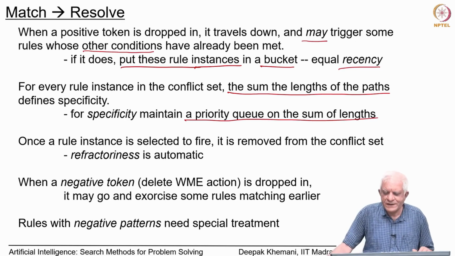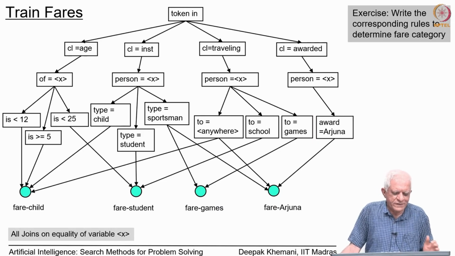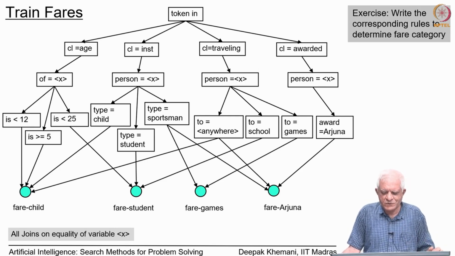Let us look at some more examples, so that we get a feel of this whole thing about Rete networks. These are some of the networks that we have worked with over the last few years while teaching the course. So, here is a network. I have not written the rules, I will leave this as an exercise for you, but you can see that it is talking about train fares.